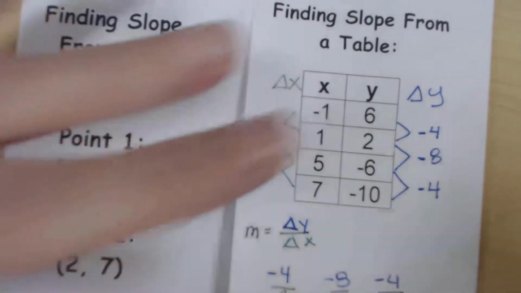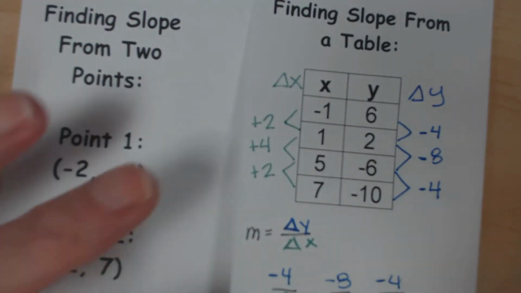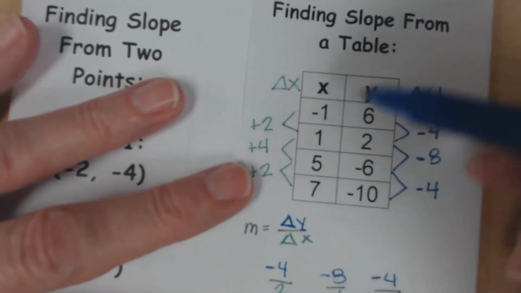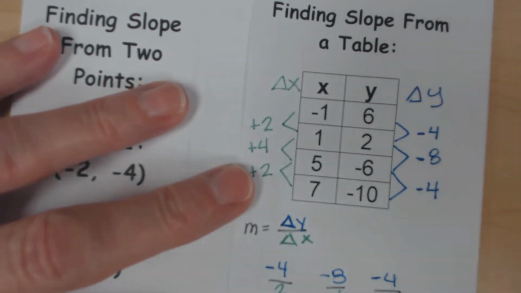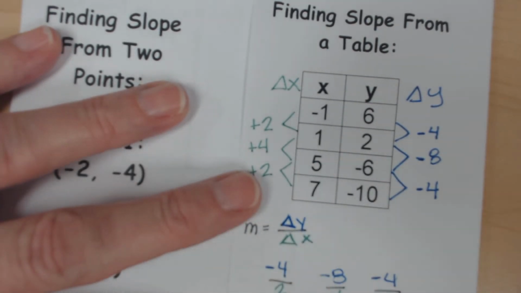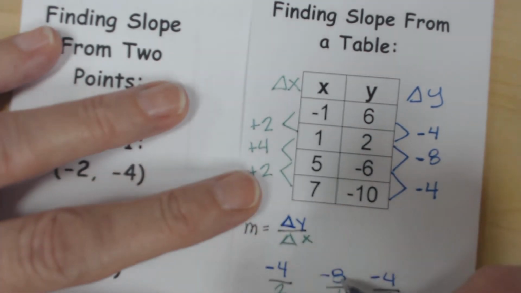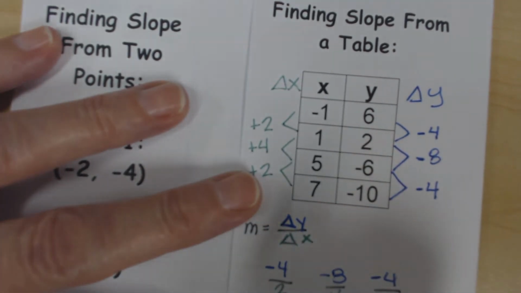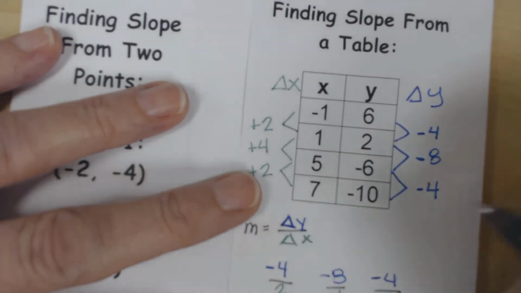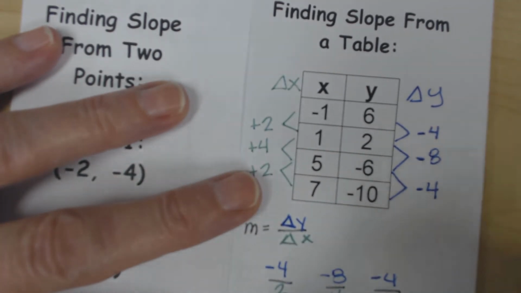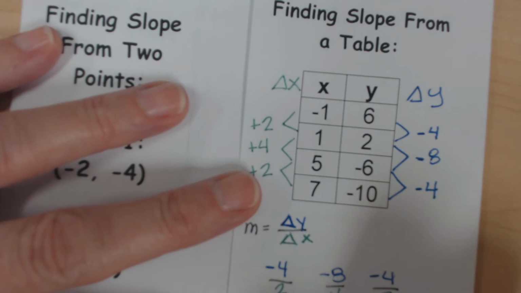Now, each of these ratios must simplify to be the same in order for this to be a rate of change or a slope. -4 divided by 2 is -2. -8 divided by 4 is -2. -4 divided by 2 is also -2.